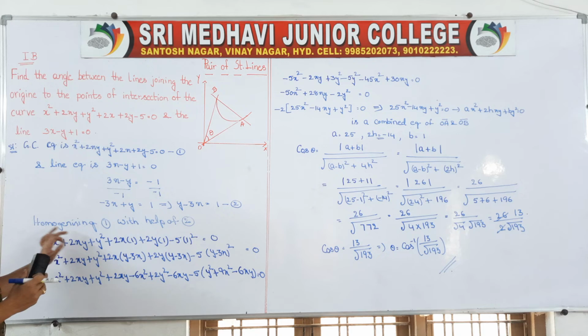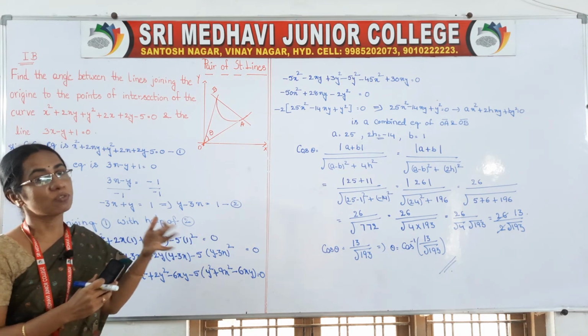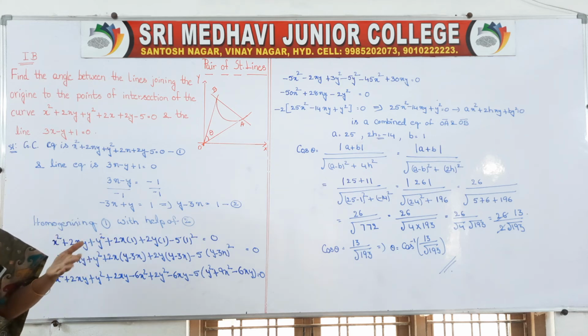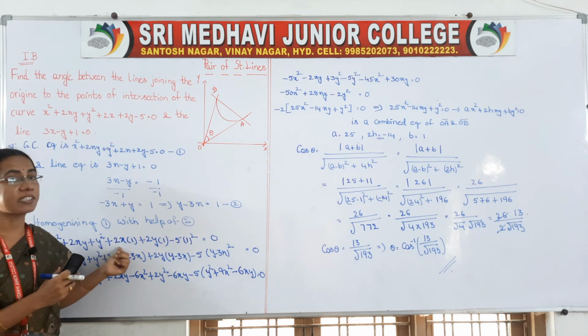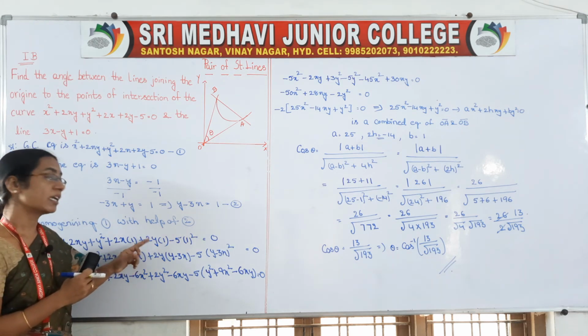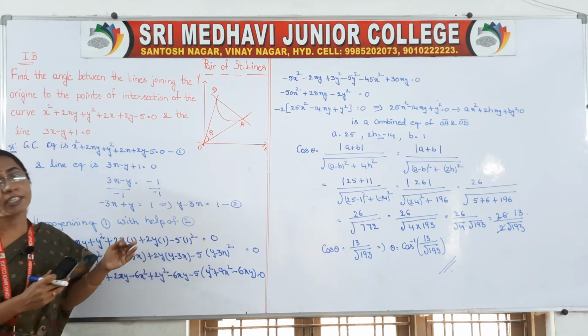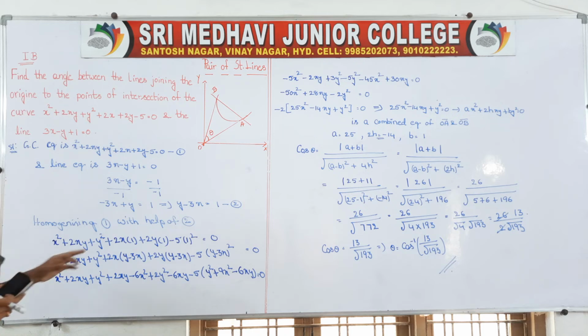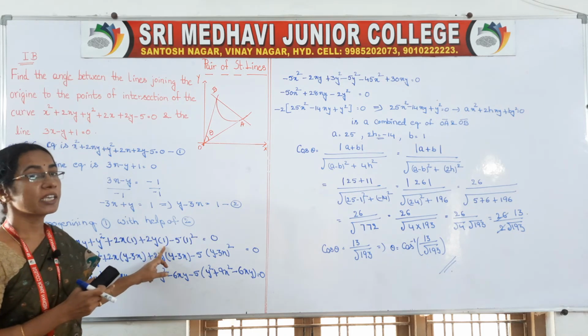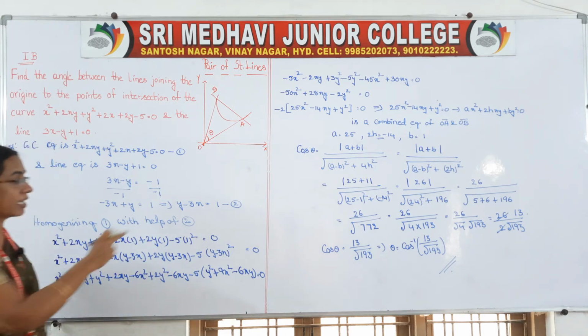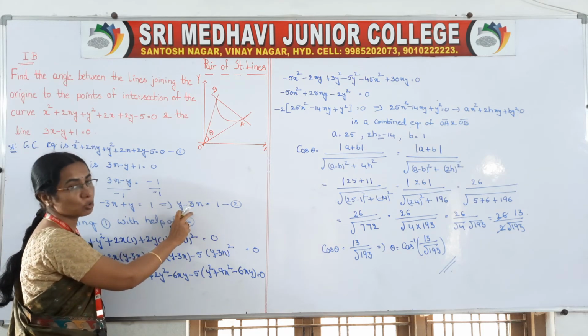Now homogenize the curve equation with the help of the second equation. What is the procedure? In the curve equation, wherever x is there, we take x into 1; wherever y is there, we take y into 1, and the constant into 1 square. In that one place, you take y minus 3x from equation 2.